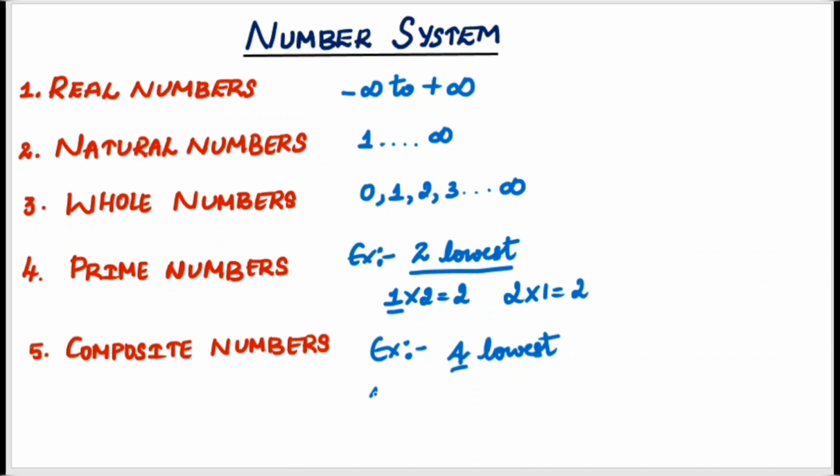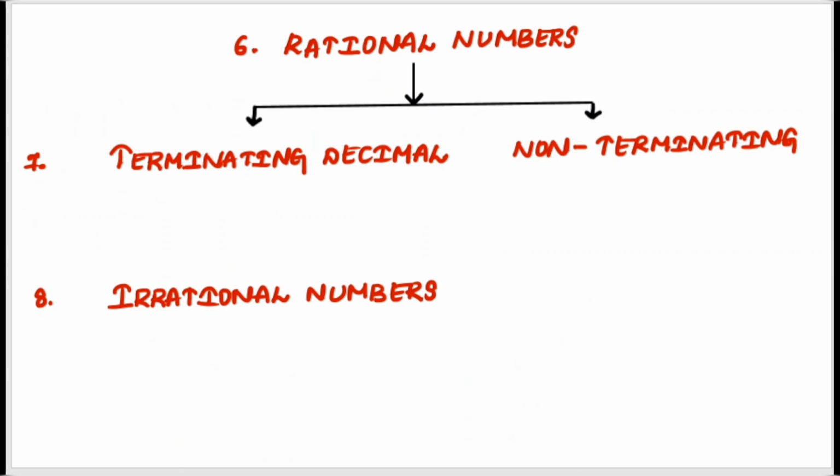For example, 1 fours are 4, so 1 is one of the factors and 4 ones are 4, so 4 is one of the factors. Next, 2 twos are 4, 2 is also one of the factors. So it has more than two factors. Those numbers we call composite numbers. Under composite numbers, 4 is the lowest composite number. Let us move on to the next slide.